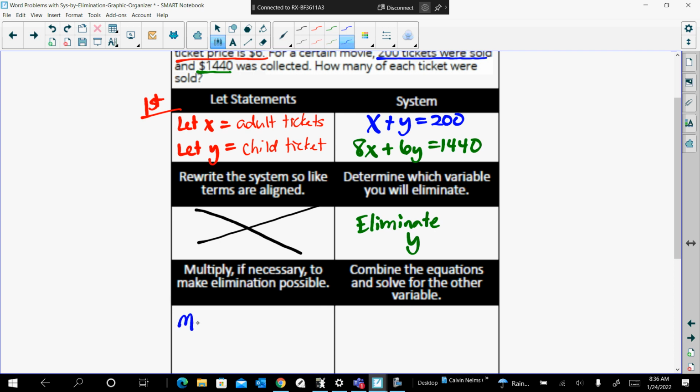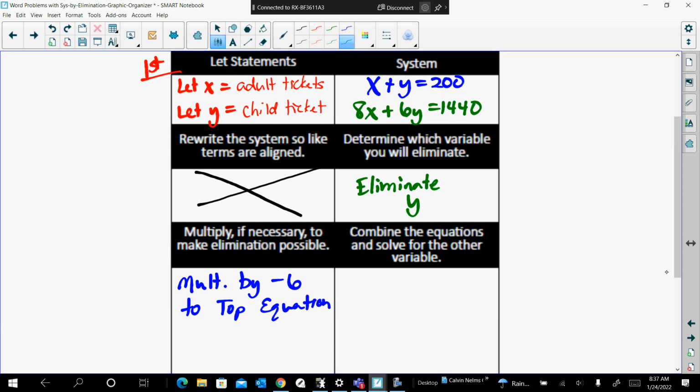So we're multiplying by a -6 to the top equation, which is -6 is going to go into x plus y. Oops, sorry. -6 parentheses x plus y equals 200.